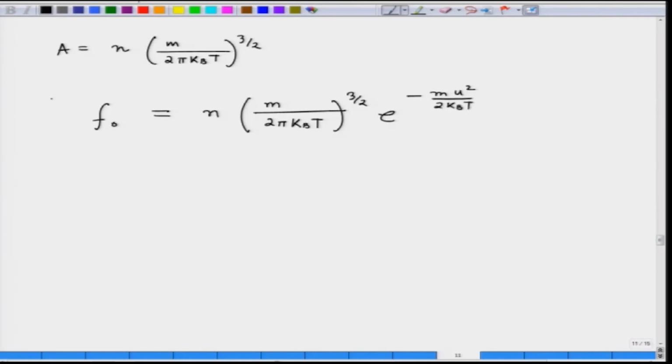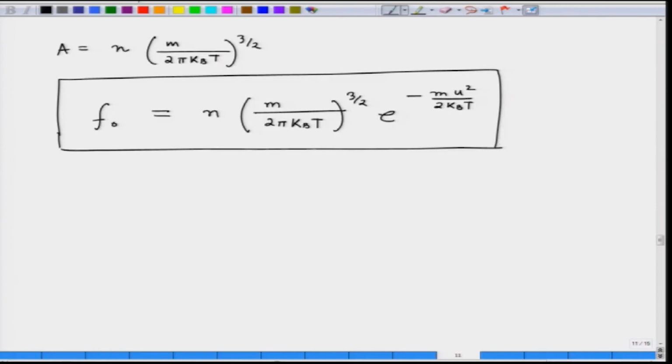Okay. So, this is the standard form of Maxwellian distribution.